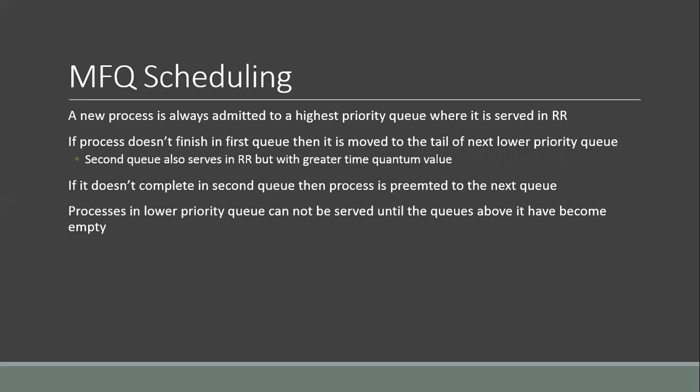round robin policy. If a process doesn't finish in the first queue, then it is moved to the tail of the next lower priority queue. This means if a process that has been in the highest priority queue doesn't finish in its given time quantum, then this process will be moved to the end of the next lower priority queue.